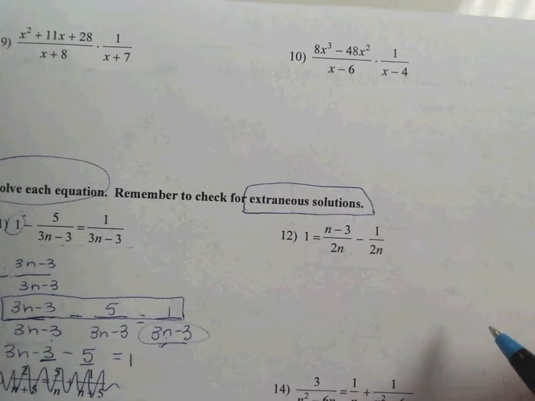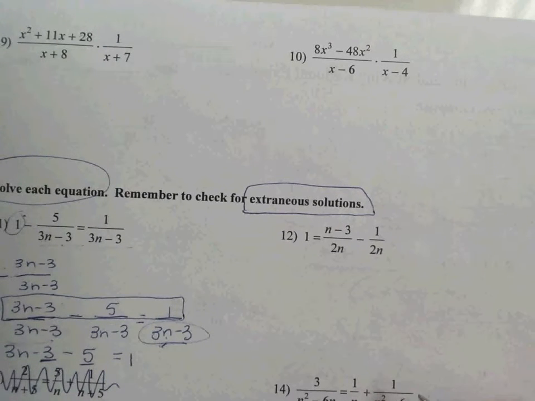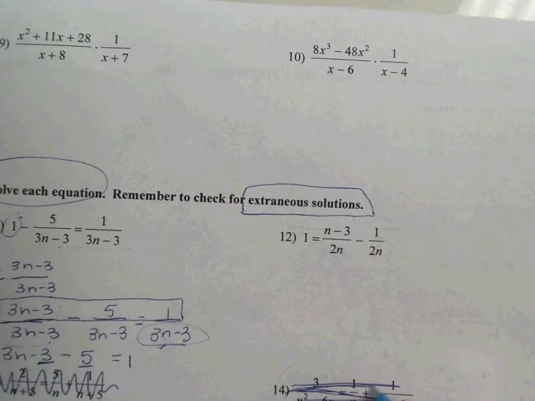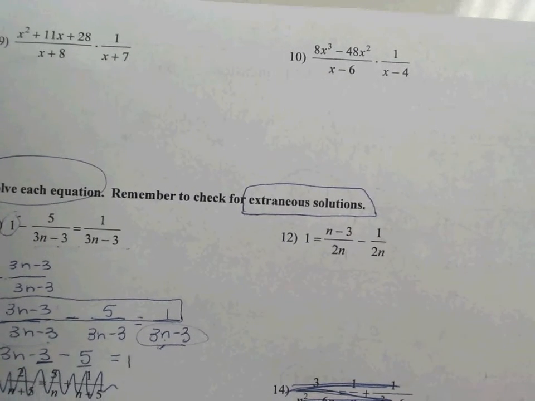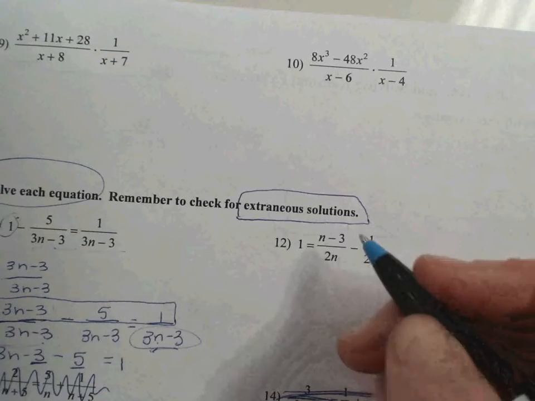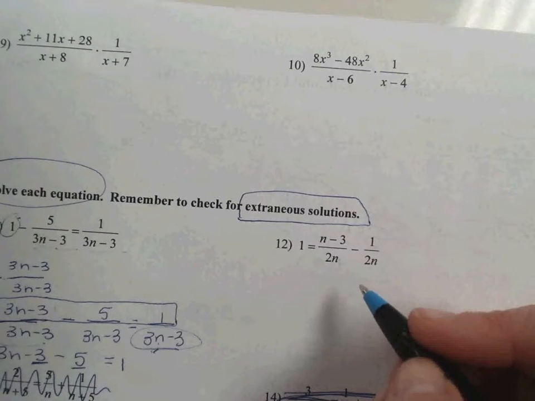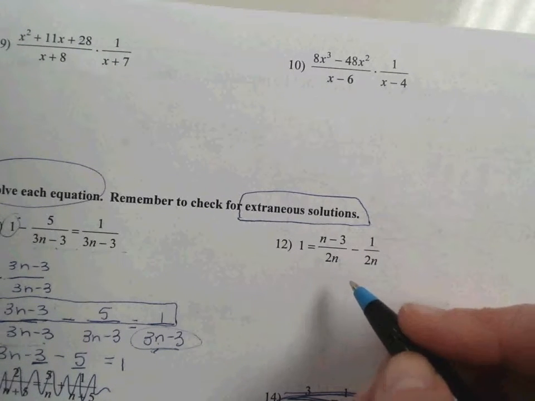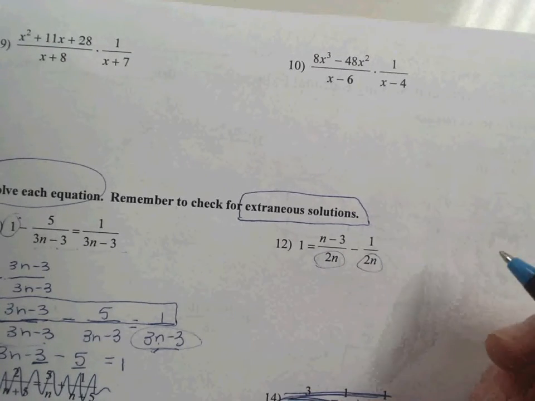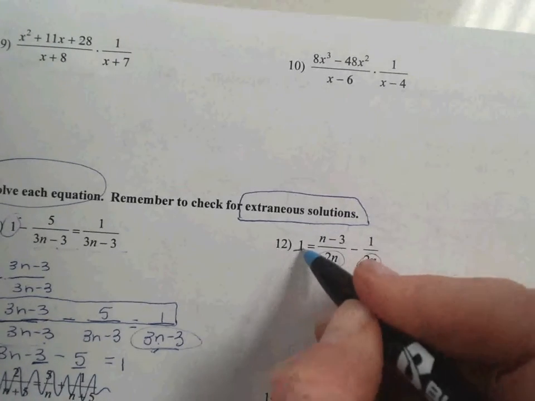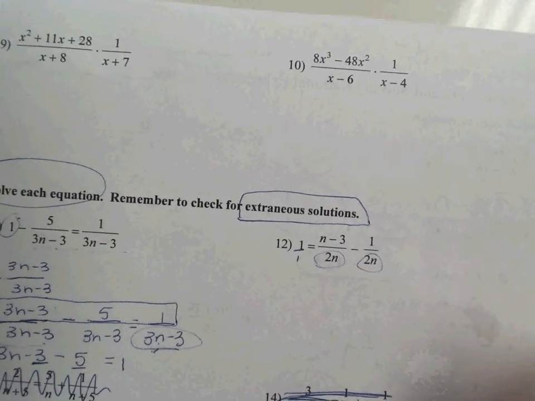Let's look at number 12. Again, we're going to reduce the size of this assignment here. So again, make it into common denominator. They make it easy on us. It's already a 2n. The denominator for 1 would be a 1.